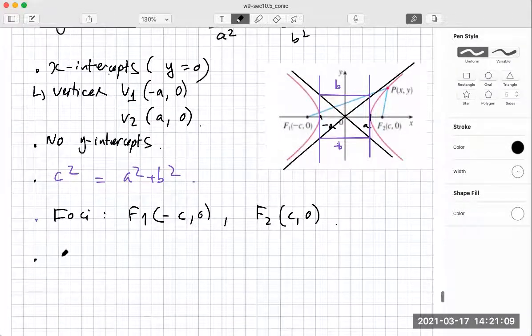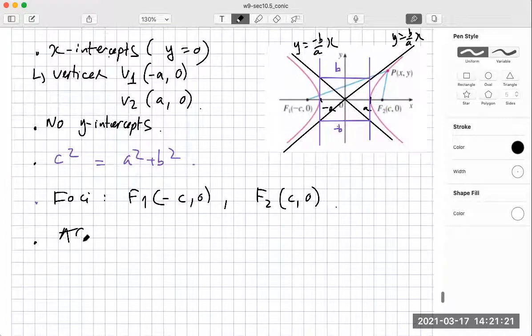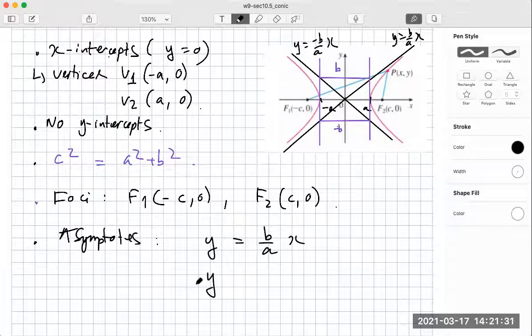And we call these equations, y is equal to b over a x, and y is equal to negative b over a x, asymptotes.